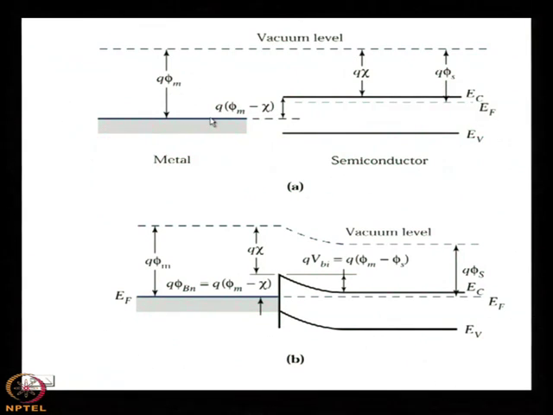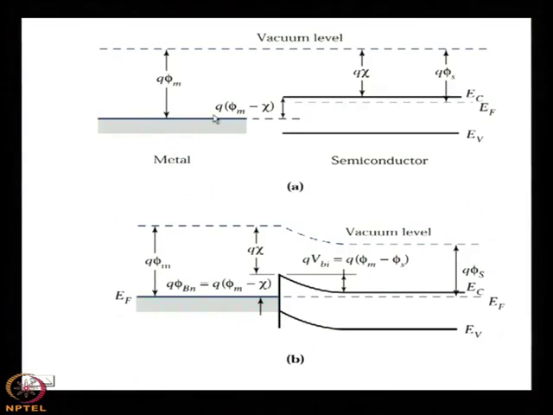Because they will search for the empty levels. There are empty levels on the metal side, because you see that there is a difference. Because of the difference, the electrons will come from the semiconductor side to the metal side.